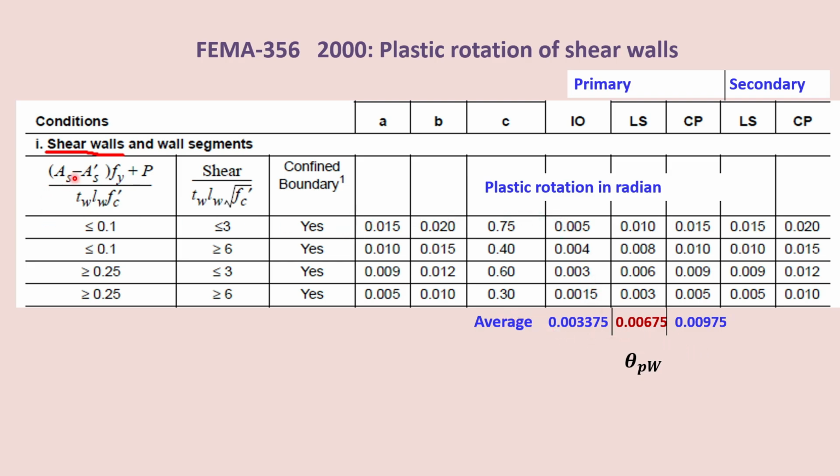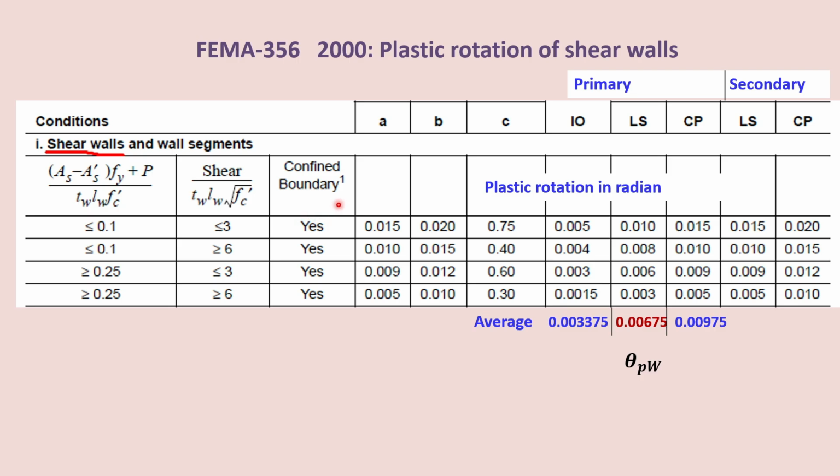So it has a steel ratio including the axial force in the wall divided by TW, LW and FC dash, the area of the wall and the concrete. So this is a stress ratio in the wall and the values are given here, and there is a shear stress which is horizontal. So the amount of shear divided by TW, LW, FC dash is the shear stress. So corresponding to different values, the IO, LS, CP values are given.